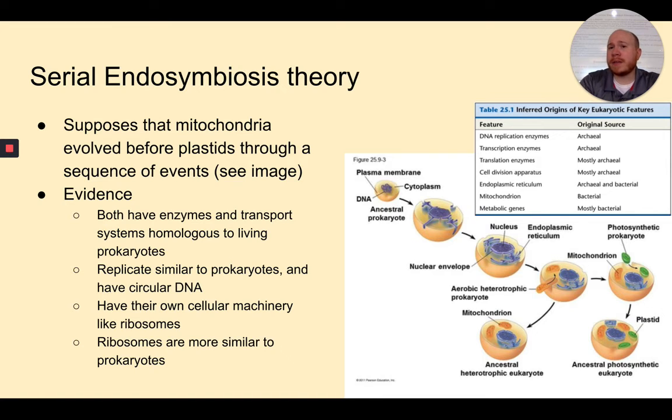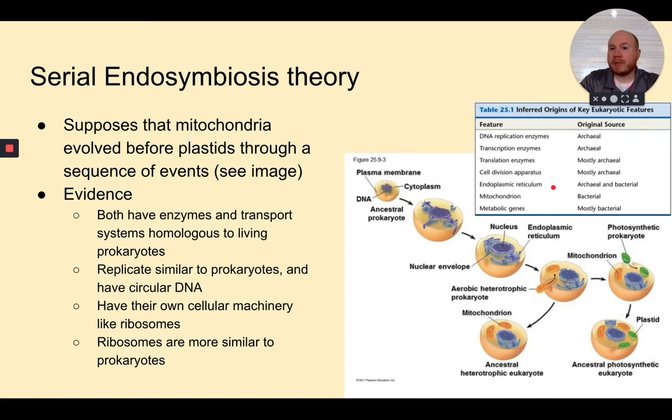Now, if you look at the inferred origins of key eukaryotic features here on the slide, the DNA replication enzymes are really similar to archaea, which is another type of prokaryote. There are archaea and bacteria. Archaea are usually our extremophiles. The transcription enzymes, which is for making proteins, are similar to archaea. Translation enzymes, part of making proteins, are mostly archaeal. The cell division apparatus, how the actual parts, like your mitochondria, divide, seems to be mostly archaeal.